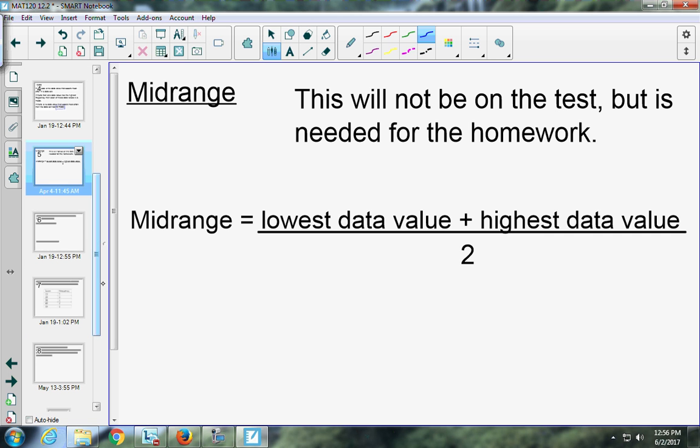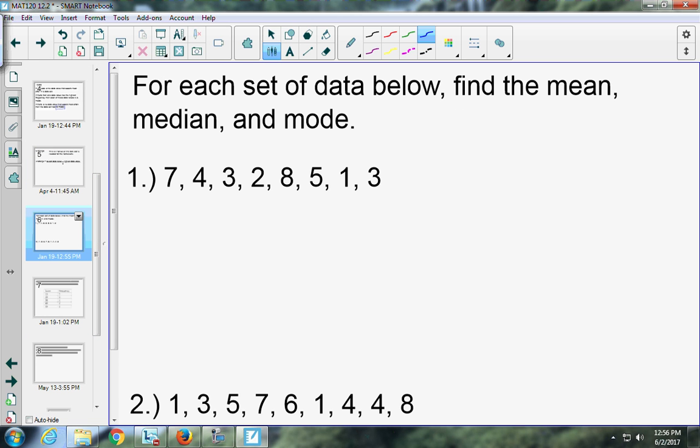We're going to practice finding mean, median, and mode of two sets of data. If we look at number 1, we have 7, 4, 3, 2, 8, 5, 1, and 3. To find the mean, I add all of these numbers up. Remember, sum is our keyword for addition.